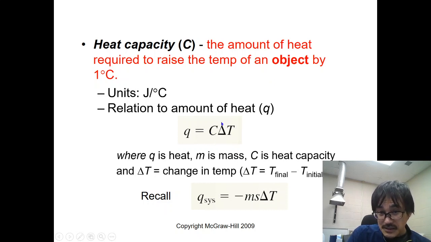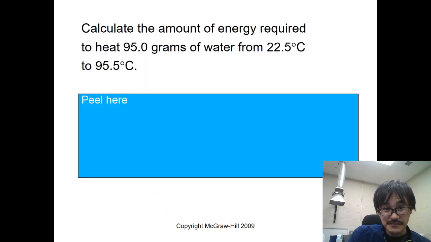Heat capacity is this capital C right here, and the specific heat is s, with ms delta T. Just forget about the signs right here, making it positive. Then ms is equal to this C right here. So the mass times the specific heat is the heat capacity.